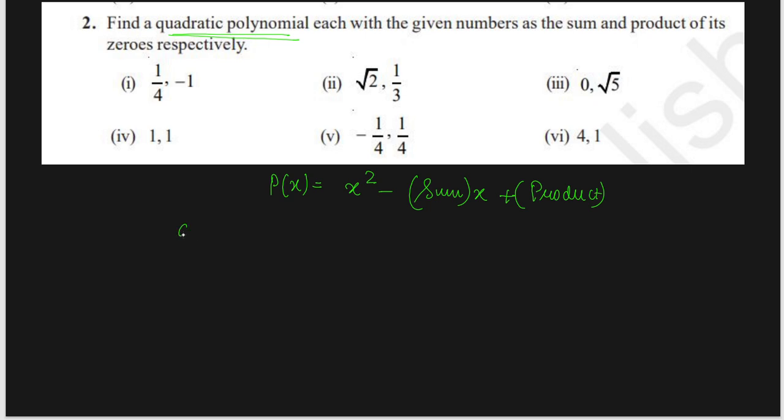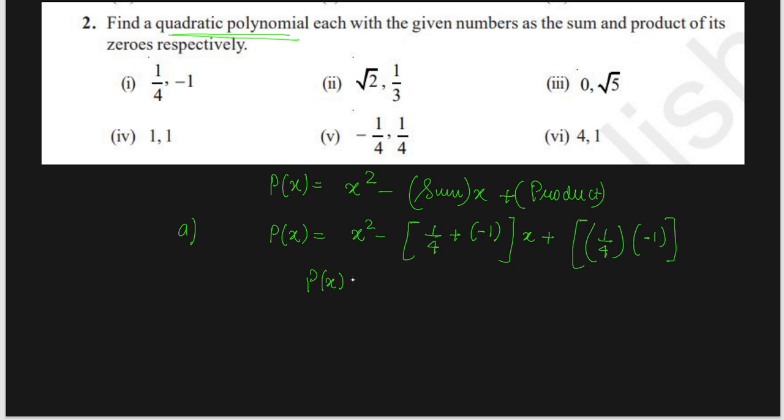Now the sum is already given. If I start with the first part, the sum is 1 by 4 plus the other root, which is negative, so don't mess up with your sign. The product of roots is 1 by 4 multiplied by negative 1. So P(x) is x square minus, if you take this out, 1 by 4, this is 4 minus 1, of x, plus negative 1 by 4.